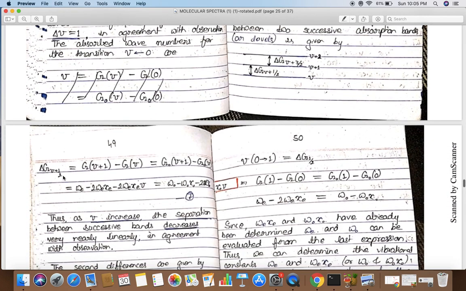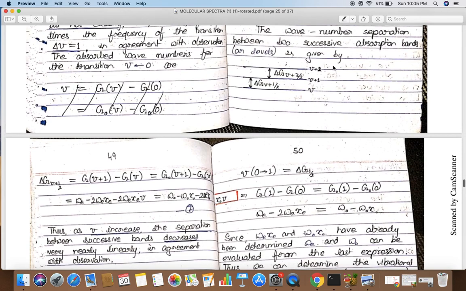So ΔG(ν + 1/2) is G(ν + 1) minus G(ν). Once you put in the values, you will get ωe − 2ωe xe − 2ωe xe ν equal to this quantity, because ωe xe is equal to ω0 x0, simply.